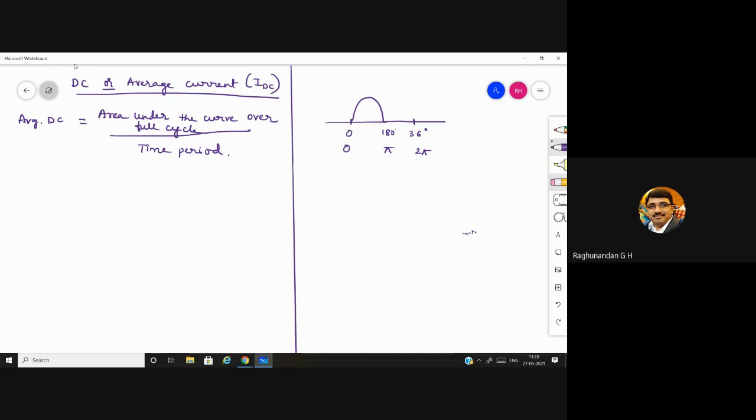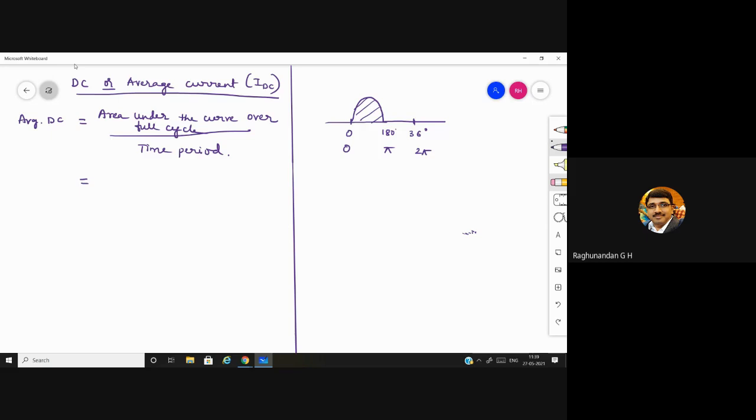That is, we are getting output only in the positive half cycle, and we are getting 0 in the negative half cycle. Here, area under the curve over full cycle. Area under the curve means only this is the curve. We don't have any curve here.